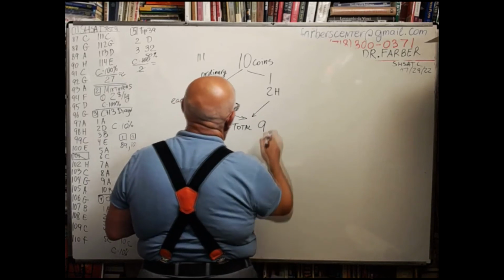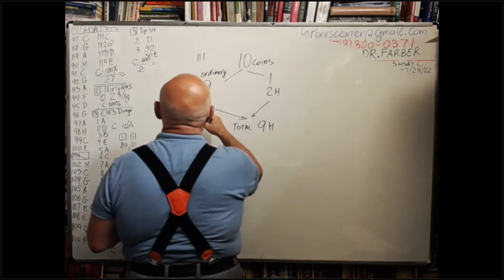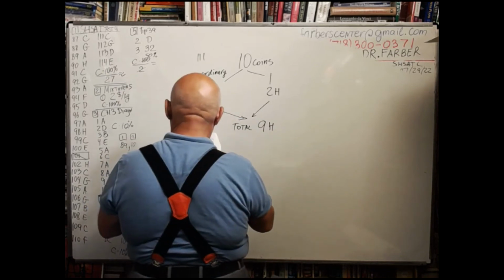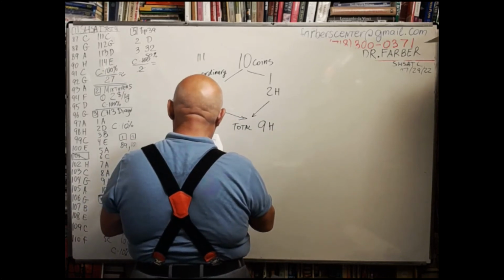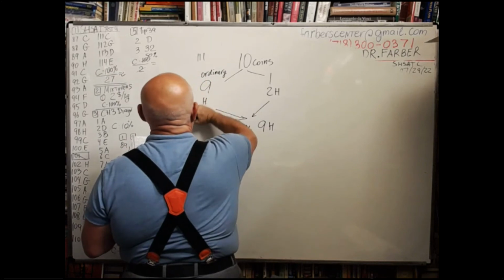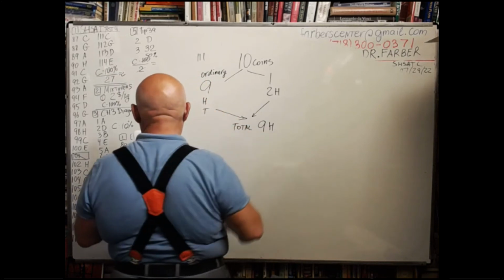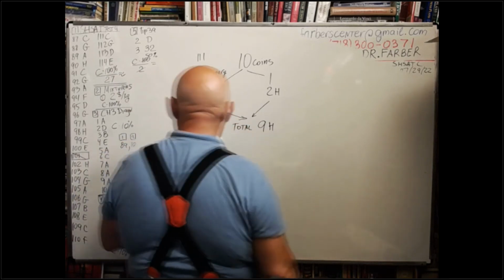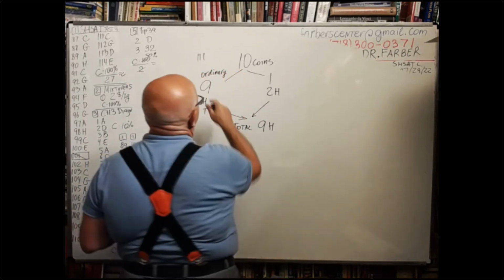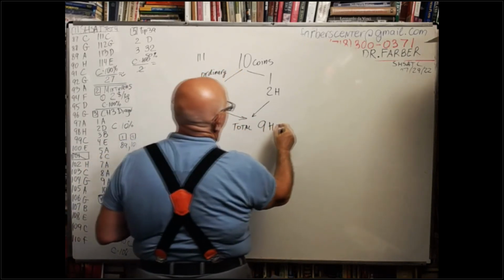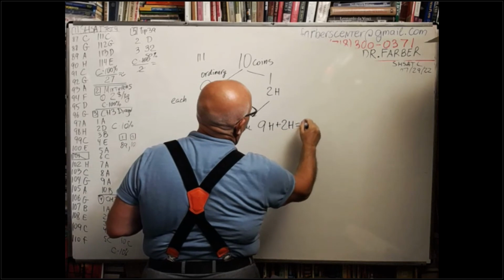We have 9 heads from these, because each has 1 tail and 1 head. So now it's fine. We have 9 heads from this one, and 2 heads over there, which is 11 heads.